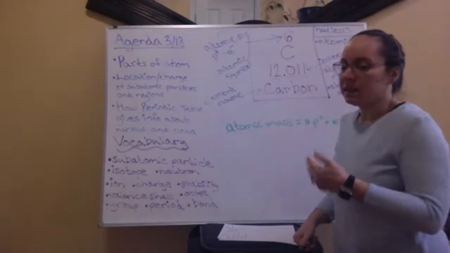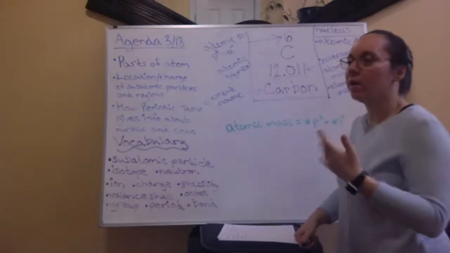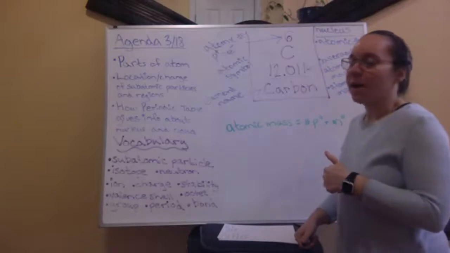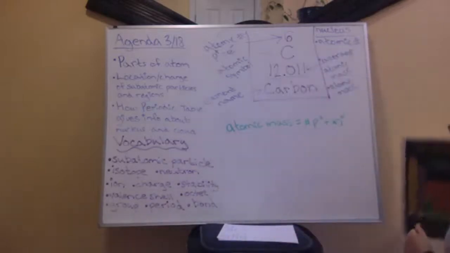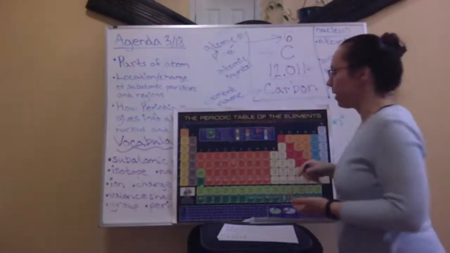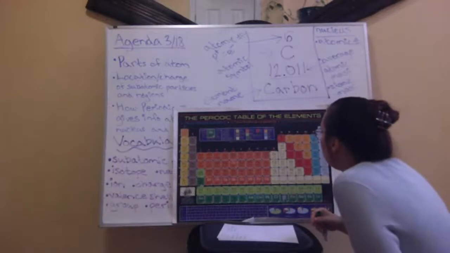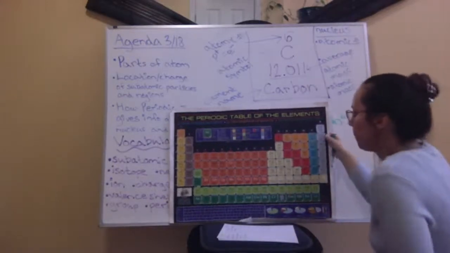Now, what if on the test, they do not give you the mass number? What if instead they just give you an element and then they ask you to figure out how many neutrons it has? Well, that's when you're going to pull out the periodic table and you are going to round to the nearest whole number, okay? So let's use oxygen.